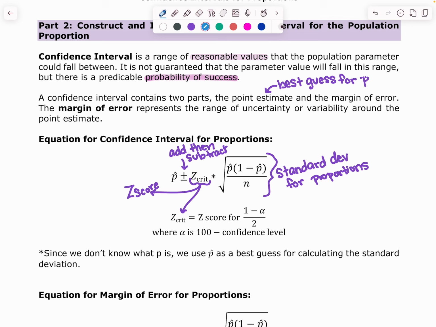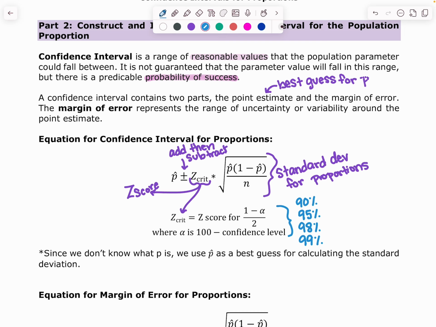So when we do our confidence intervals, we are going to be given confidence levels usually of 90%, 95%, 98%, or 99%. You could get any percentage for how confident you are, but these are some of the more common ones.